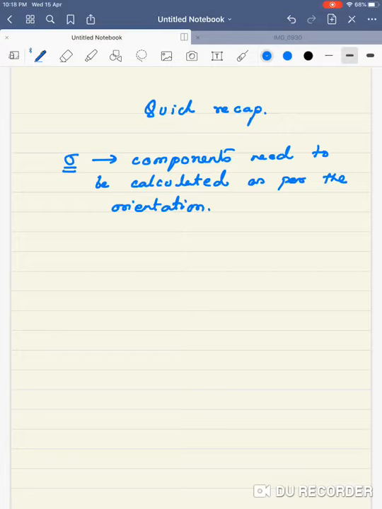To give the relationship between the stresses in different directions at a given point, we had the very important equations of transformation of stress.